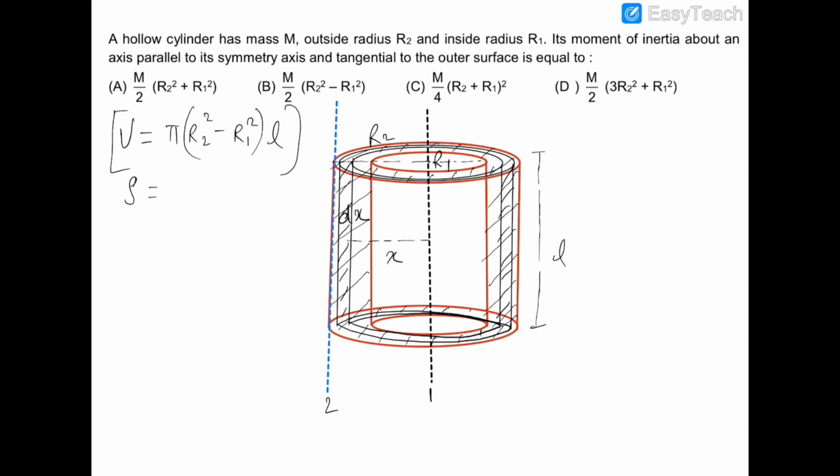So its density rho would be m upon v, and therefore the mass of the elemental cylinder dm would be rho into dv.